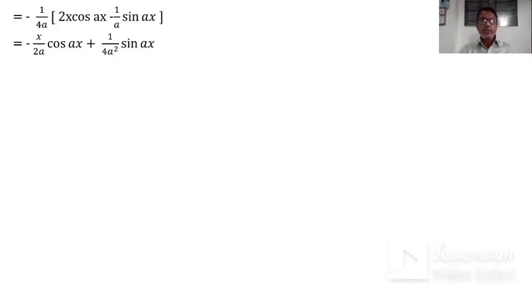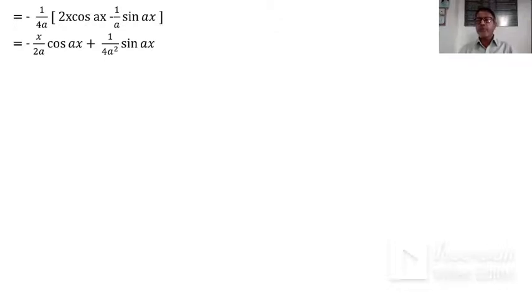Now, simplifying this bracket again, we get minus 1 upon 4a into bracket 2x cos ax minus 1 upon a sin ax. Now this is equal to minus x upon 2a cos ax plus 1 upon 4a square sin ax.